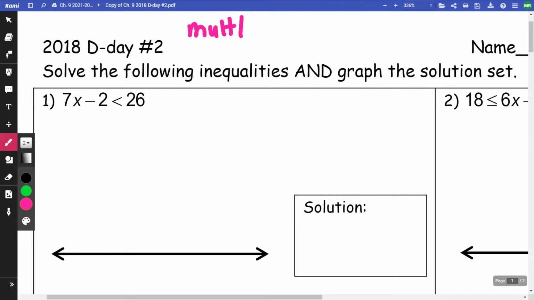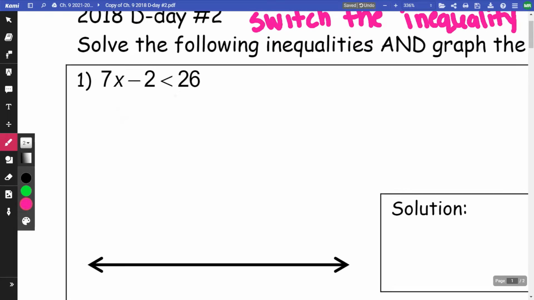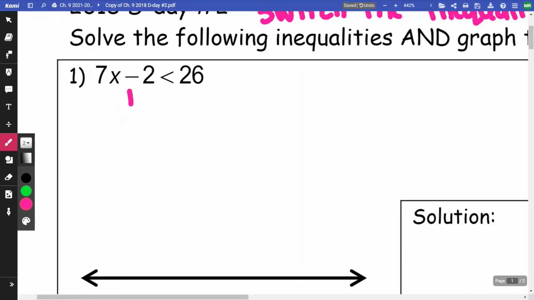Multiply or divide by a negative number means you're going to switch the inequality direction. Otherwise, the inequality is going to remain as is when you add, subtract, or multiply and divide by a positive number.